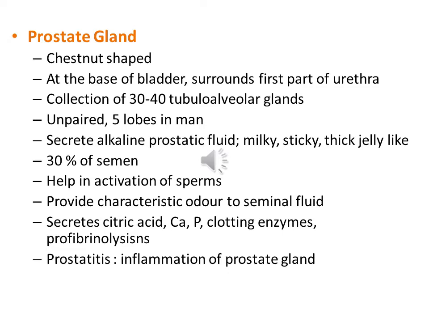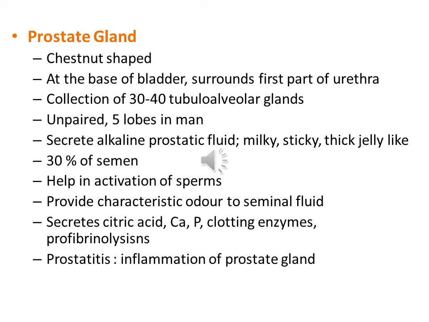Now, after ejaculation, the coagulated sperms have to get their normal speed and become active. So profibrinolysins, which are present in the prostatic fluid, become active. Profibrinolysin is an inactive form.